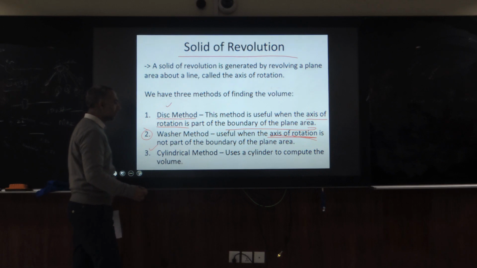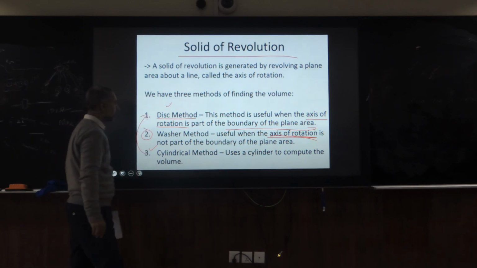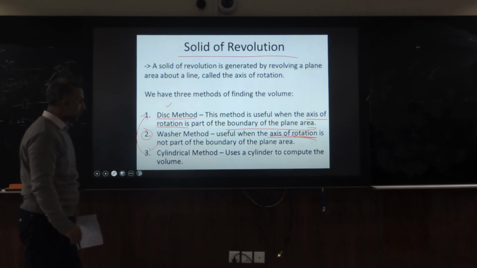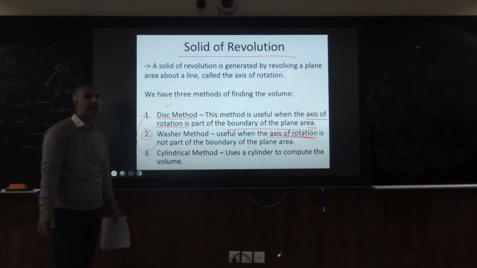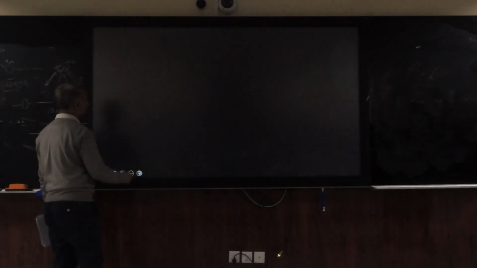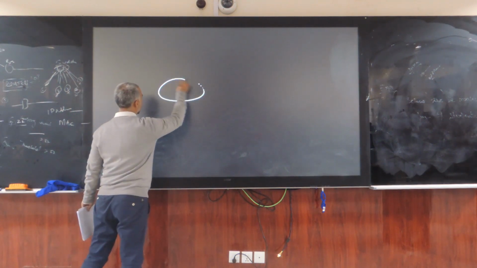The cylindrical method is almost similar to the disk method, but in this case we are considering the object in the form of a cylinder. These cylinders do not necessarily have to be horizontal. This one is a cylinder.